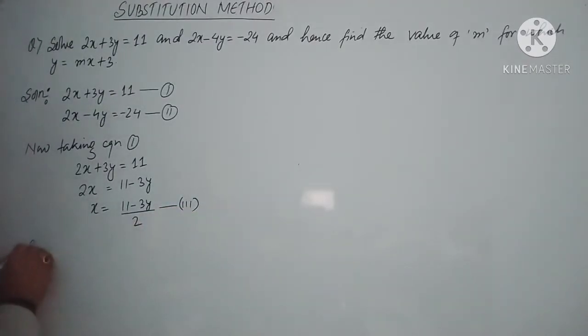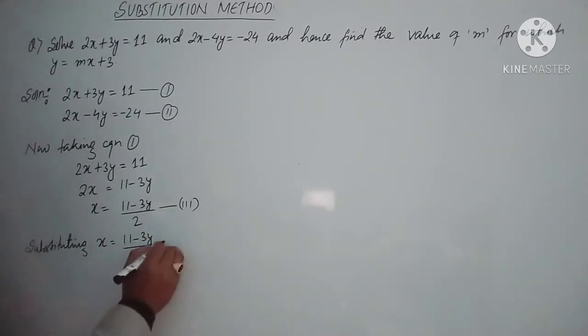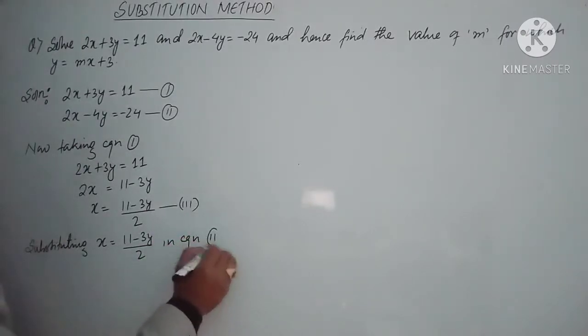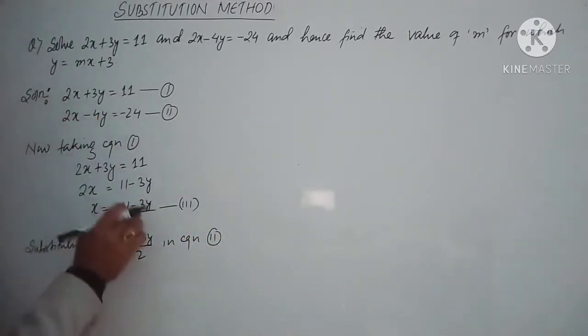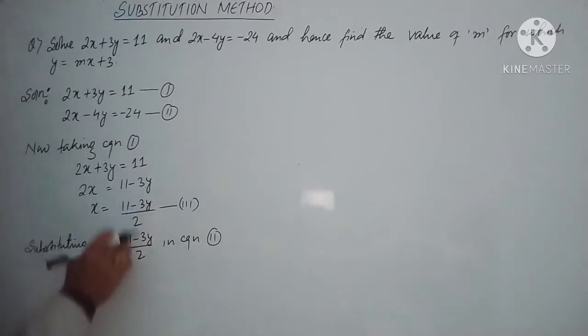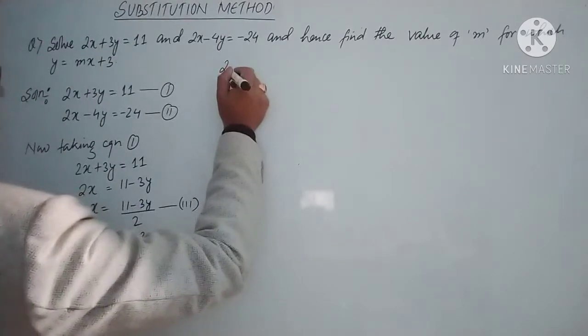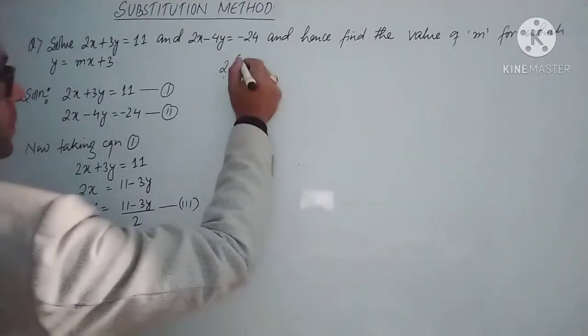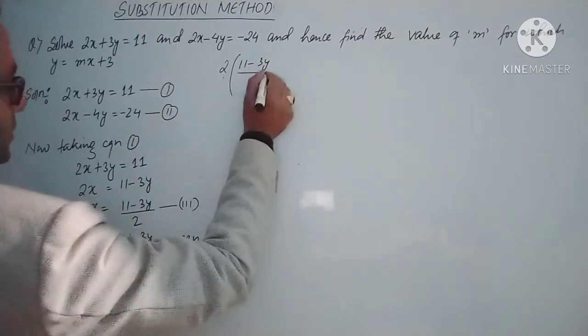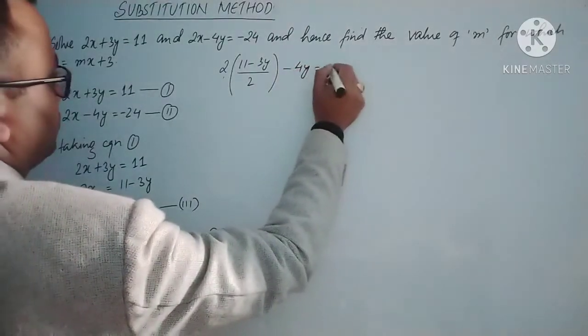Now substituting x equals 11 minus 3y by 2 in equation 2. We got equation 3 from equation 1. Now we have to substitute this into equation 2. So in equation 2, instead of x we will write 11 minus 3y divided by 2, minus 4y equals minus 24.